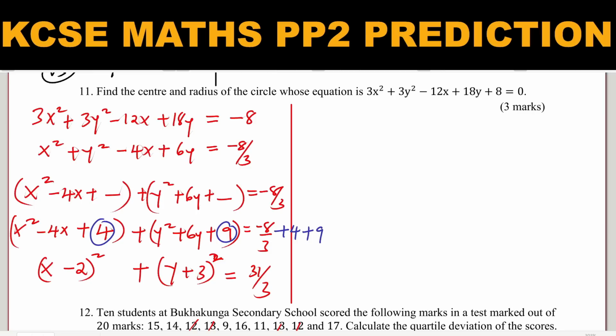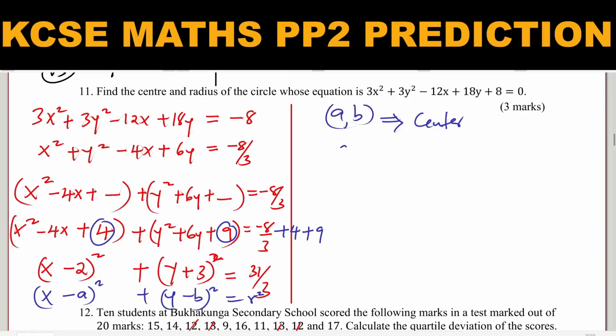The standard equation of a circle is given as x minus a squared plus y minus b squared is equal to radius squared. So you can compare, where (a, b) is the center of the circle, and r is the radius of the circle.